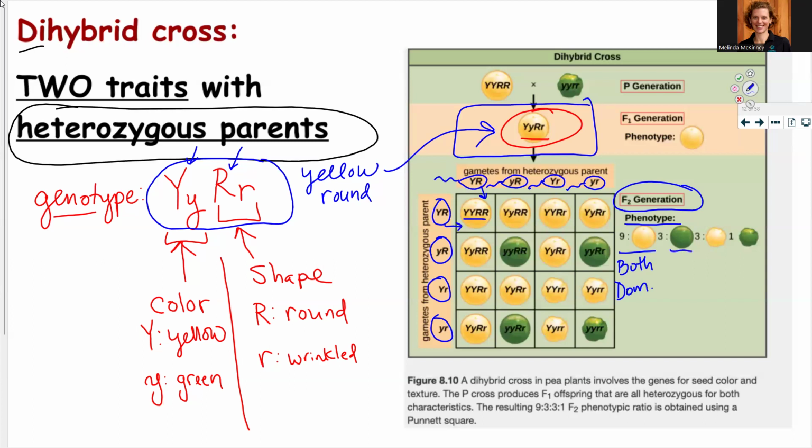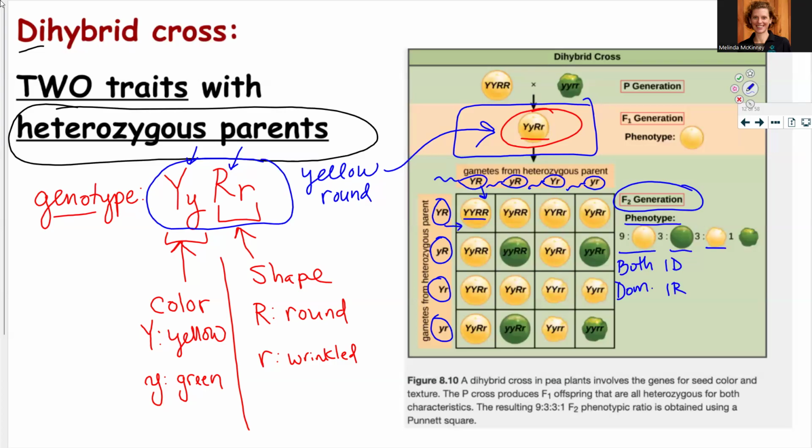3 out of the 16 have now the recessive phenotype of being green, but the dominant phenotype of being round, right? So it's 1 dominant and 1 recessive phenotype. And so that's 3.